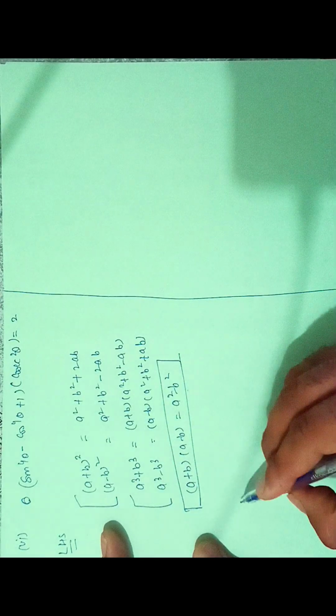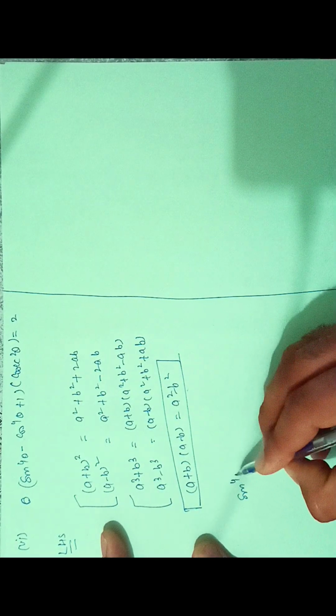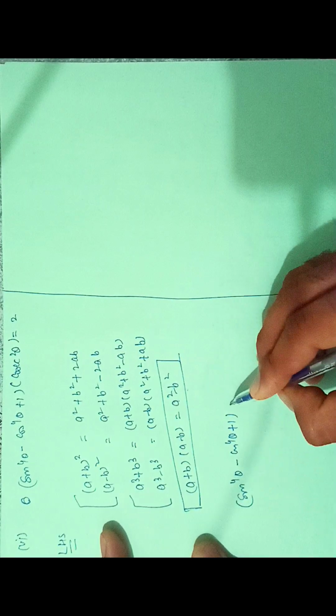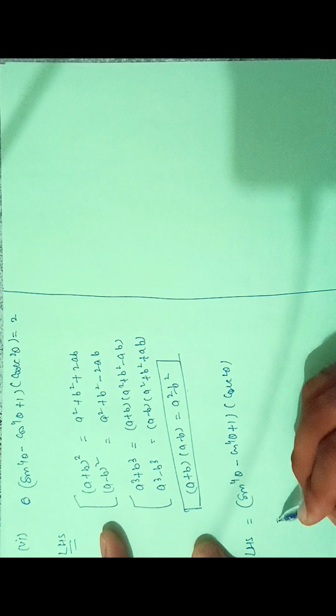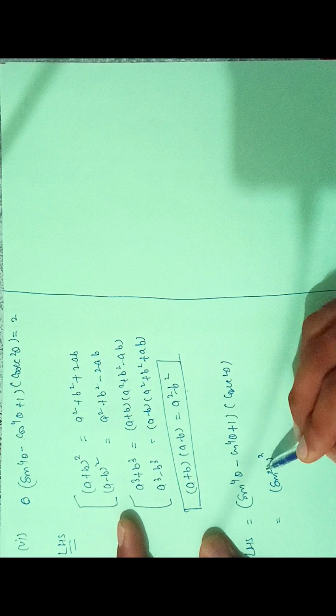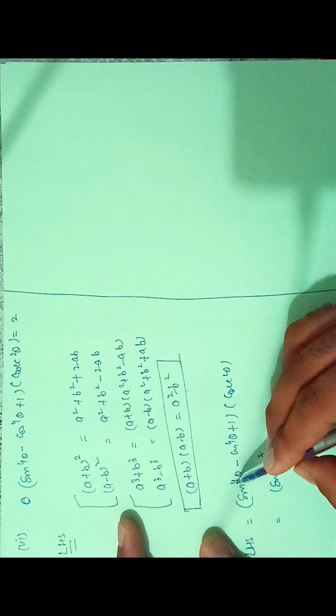So I'll use this identity in this one. That is sine to the power 4 minus cos to the power 4 plus 1, and here it is cosec square theta, and this is the left hand side. So can I write sine raised to the power 4 as sine square theta and its square? Because power to the power will be multiplied and we get sine to the power 4.